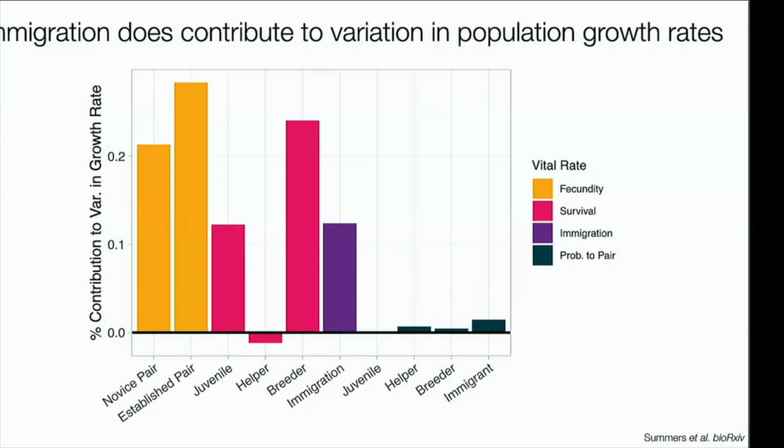So variation in immigration rates is shown in purple, and the blue shows the probability of pairing for individuals of different life stages and how much that explains variation in population growth rates.